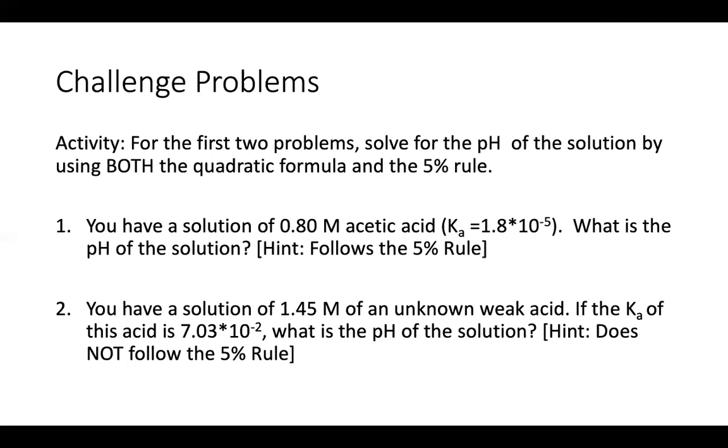When it is greater than 5%, my answer would come out differently, which is why I can only solve it using the quadratic formula. Okay, so this is more of an activity than a challenge problem, but I think it kind of shows why doing that check during the 5% rule is actually the most crucial portion of it. Because if you don't remember to check it and it's greater than 5%, you actually will get the incorrect answer.